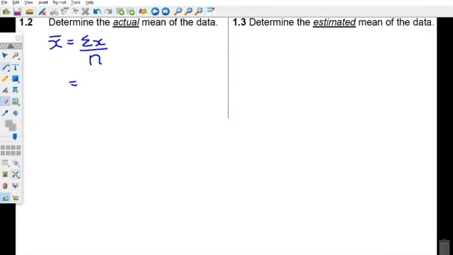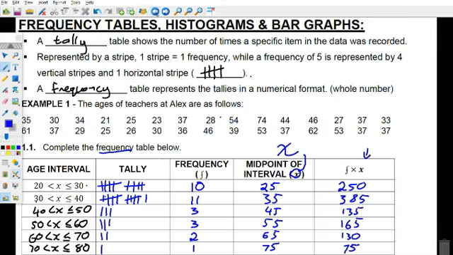Okay, we can now see that the sum of all my data points is going to be equal to 1156. And we're going to divide it by the number of data points, my population. So the ages of Alex, how many teachers? There's 2, 4, 6, 8, 10, 12, 14, 16, 18, 20, 22, 24, 26, 28, 30.